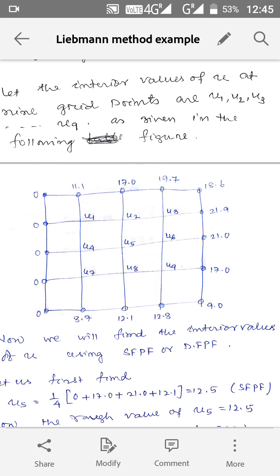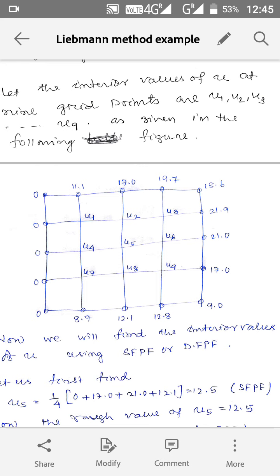Now let us suppose we first try to find the value of u1. When we are considering u1, we have to consider the square region containing u1. If I consider u1, the square region has the grid points 0, 11.1, u2 and u4.